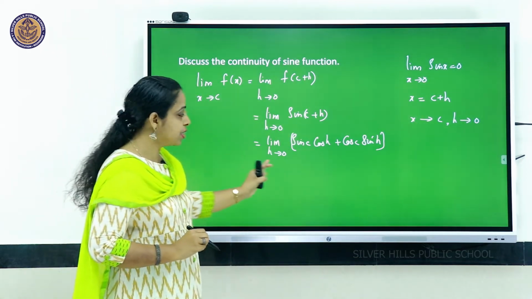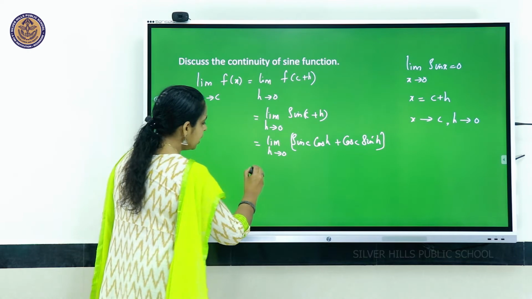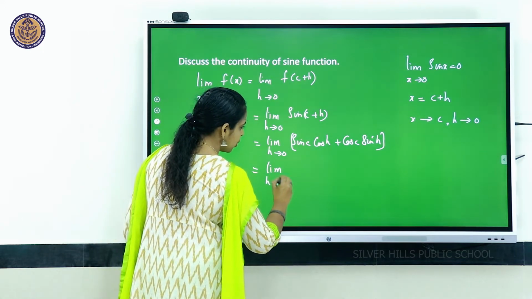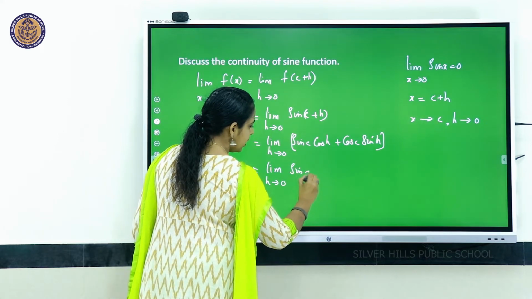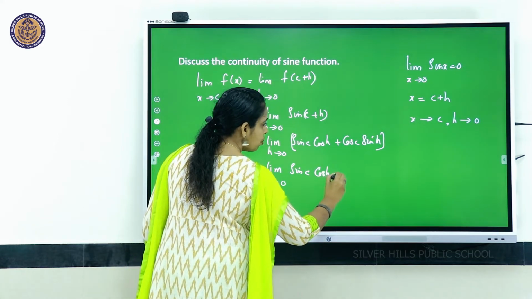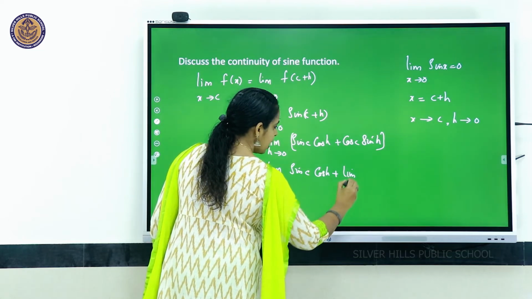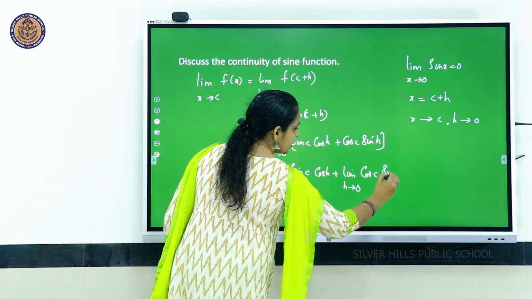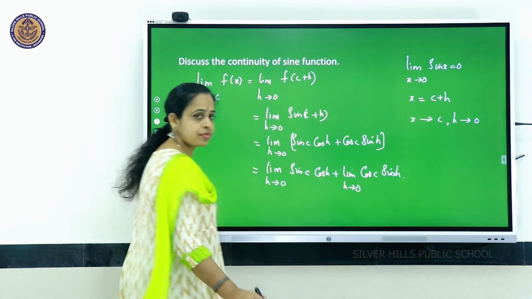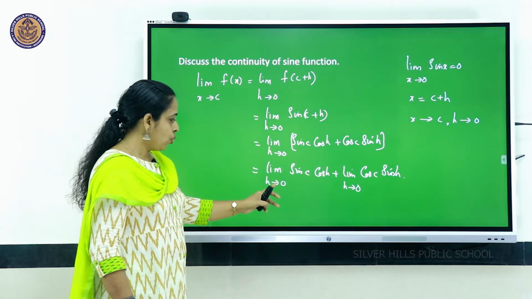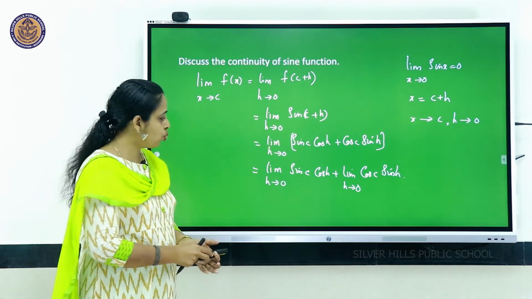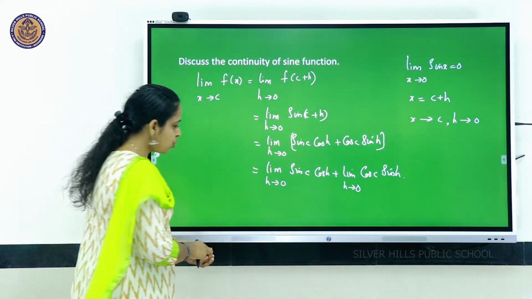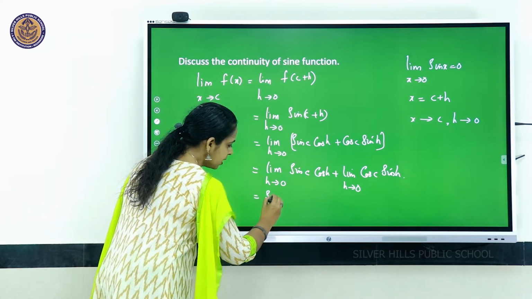Now, let us distribute this limit: limit h tending to 0 of sin c cos h plus limit h tending to 0 of cos c sin h. Now, h is tending to 0, which will affect cos h. Sin c is a constant, so we can take sin c out.